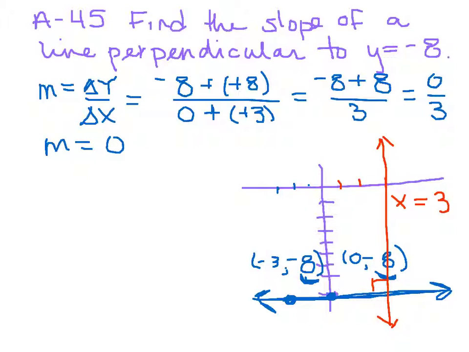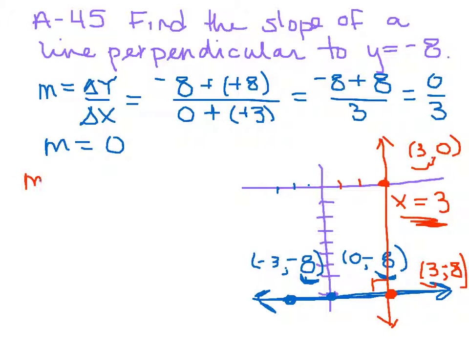That vertical line has this point right here, which is 3 comma 0, and this point right here, which is 3 comma negative 8. Once again, the equation of the line is x equals 3 because x is always 3 on that line.